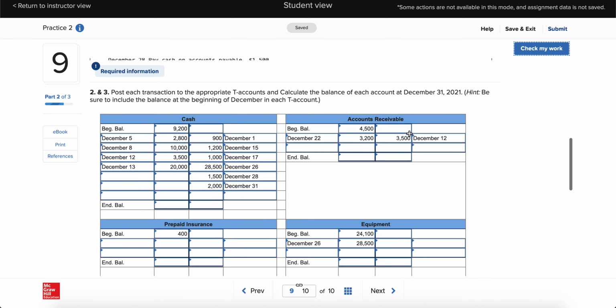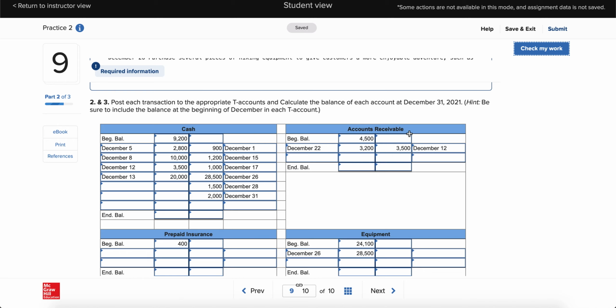What we did not do is calculate the ending balances for each one of them. So what we need to do now is add up all the debits to the cash account. I'm looking for a debit balance in cash. Because cash is increased with that debit side, my ending balance in this account should be a debit.